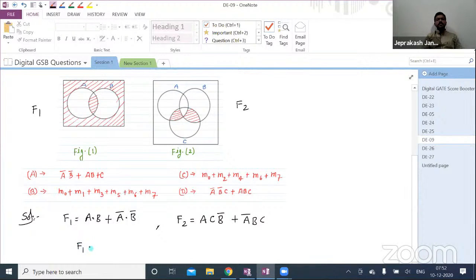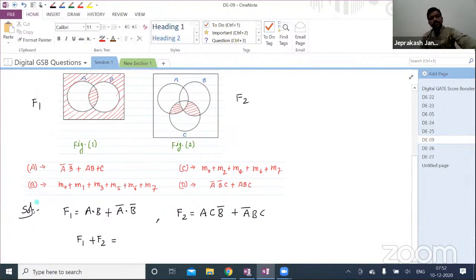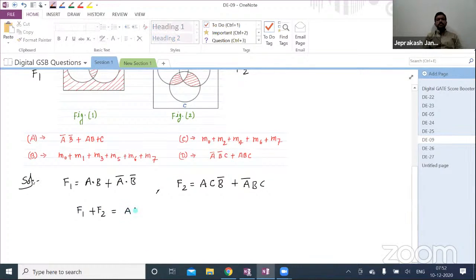Now in the question he has asked F1 plus F2. You have to add these two. So AB plus A bar B bar, and here you have A C B bar plus A bar B C. Try to observe the common terms.